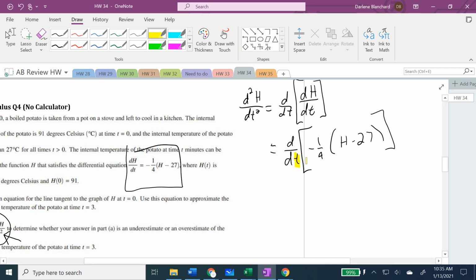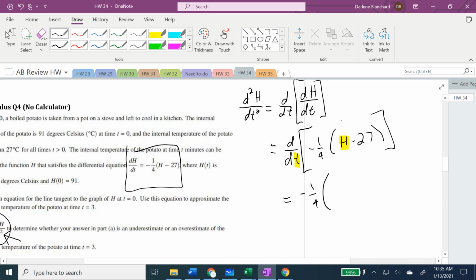Often on the AP exam, you're going to be faced with implicit differentiation, which basically means you're chain ruling, but based on a variable, not a nice, pretty function. Always check who you are with respect to taking the derivative. Now, I see that I have the constant multiple negative 1/4.